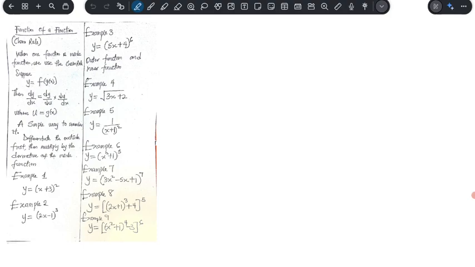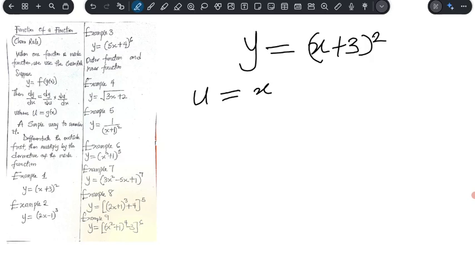Now, example 1, we have y is equal to (x + 3) all squared. So there's a first function which says that u is equal to x + 3. There is another function that says that y is equal to u squared.